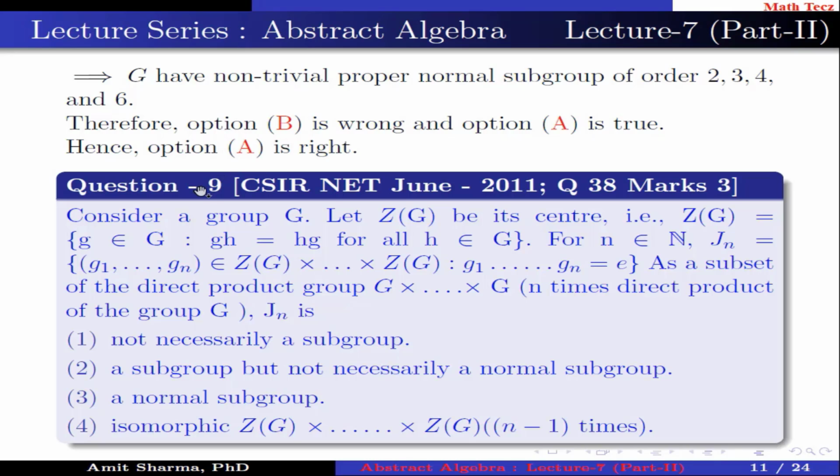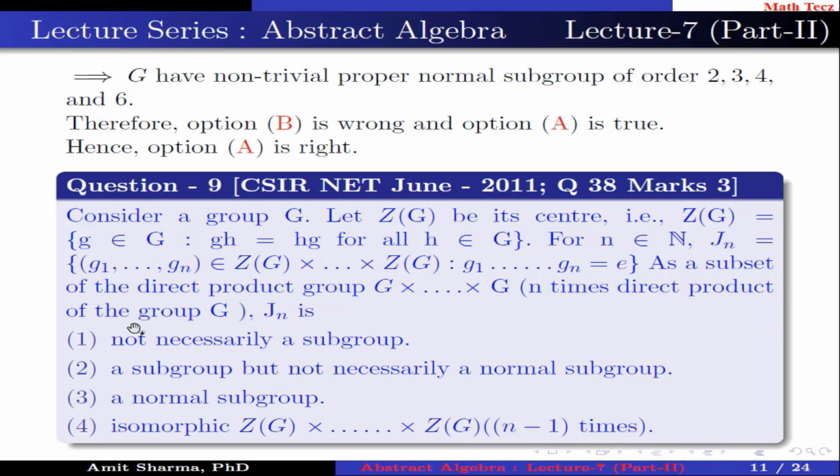Question number 9. This question was asked in the CSIR NET exam in June 2011. Consider a group G. Let Z(G) be its center, that is, Z(G) contains the elements g belongs to G such that gh equal to hg for all h belongs to G. For n belongs to N, Jn contains the elements (g1, g2, up to gn) belongs to Z(G) cross Z(G) up to cross Z(G), such that the product g1 g2 gn is identity, as a subset of the direct product of group G cross G up to cross G n times.